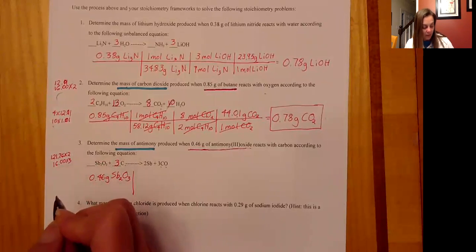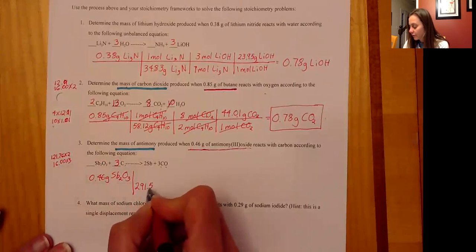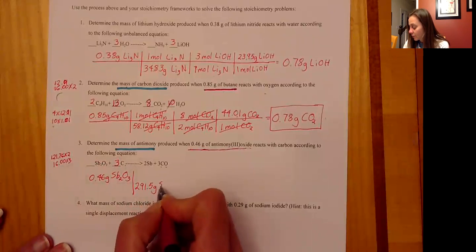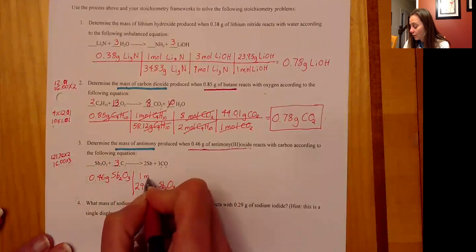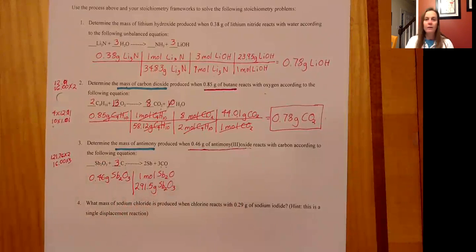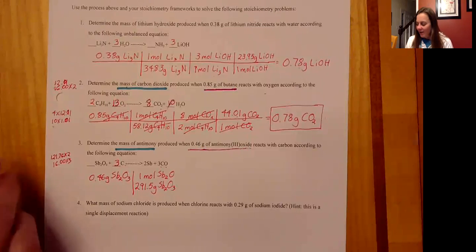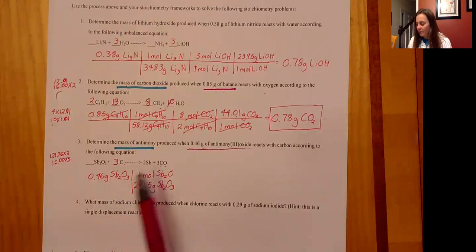And we get that the mass is 291.5 grams of antimony(III) oxide for every 1 mole of antimony(III) oxide. Okay, so we've converted from grams of antimony(III) oxide to moles of antimony(III) oxide.